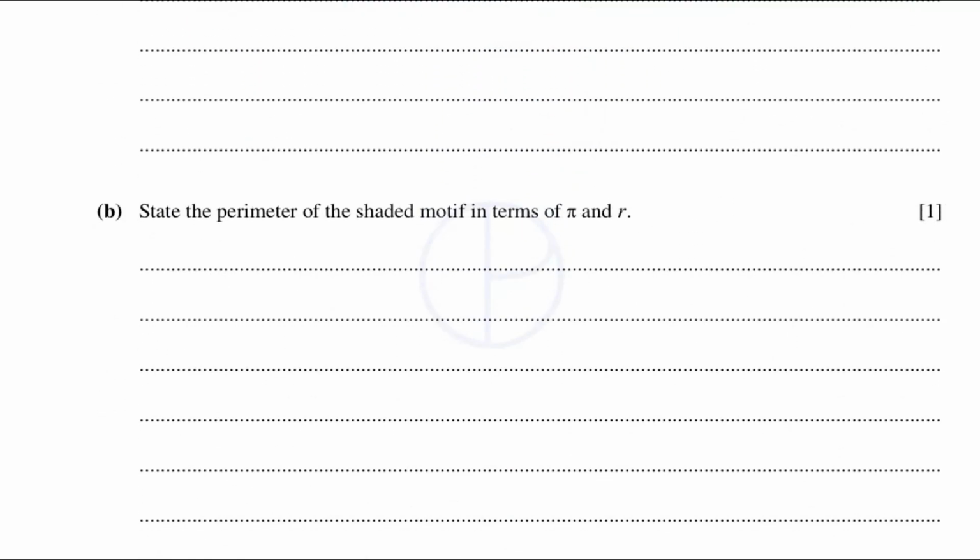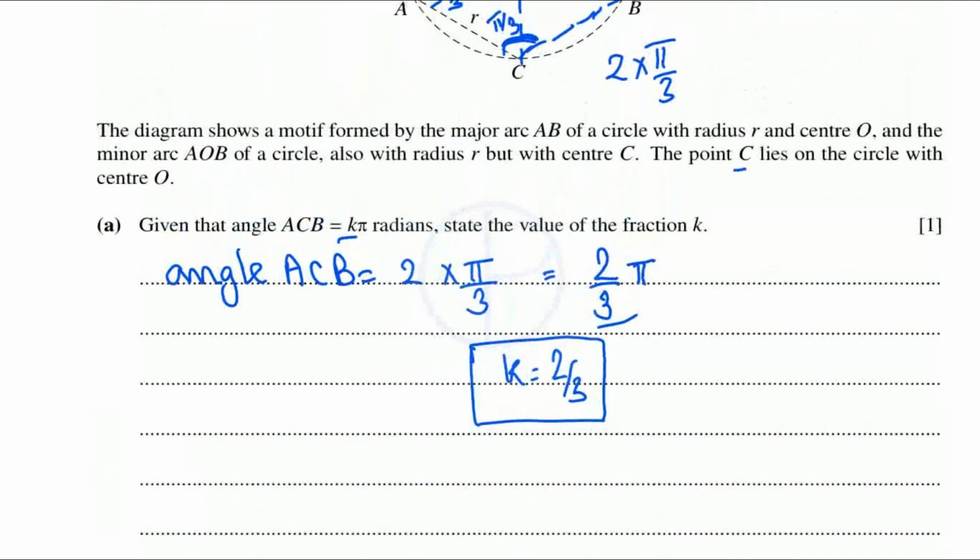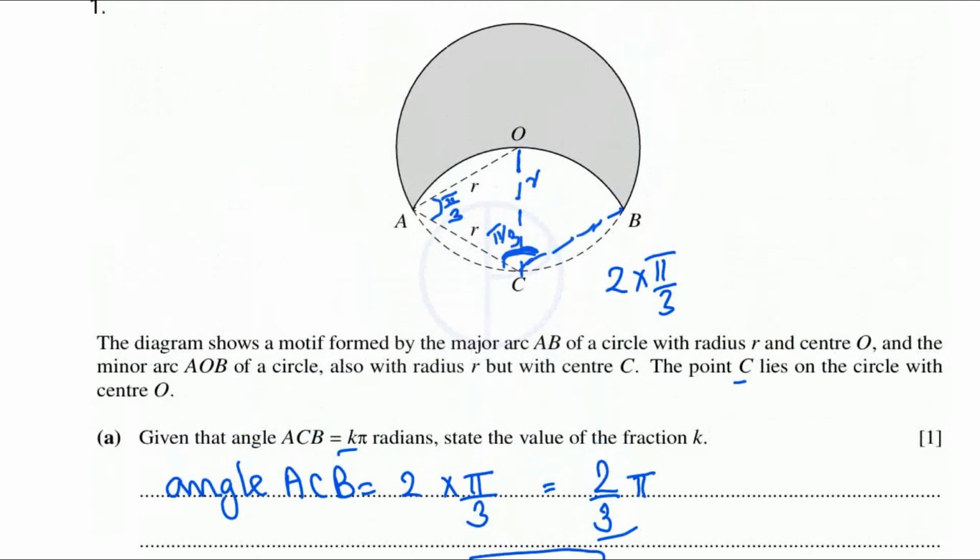The next part of the question is: state the perimeter of the shaded motif in terms of pi and r. The perimeter of the shaded motif is nothing but adding this part and this part. That is, perimeter equals major arc AB plus minor arc AB.